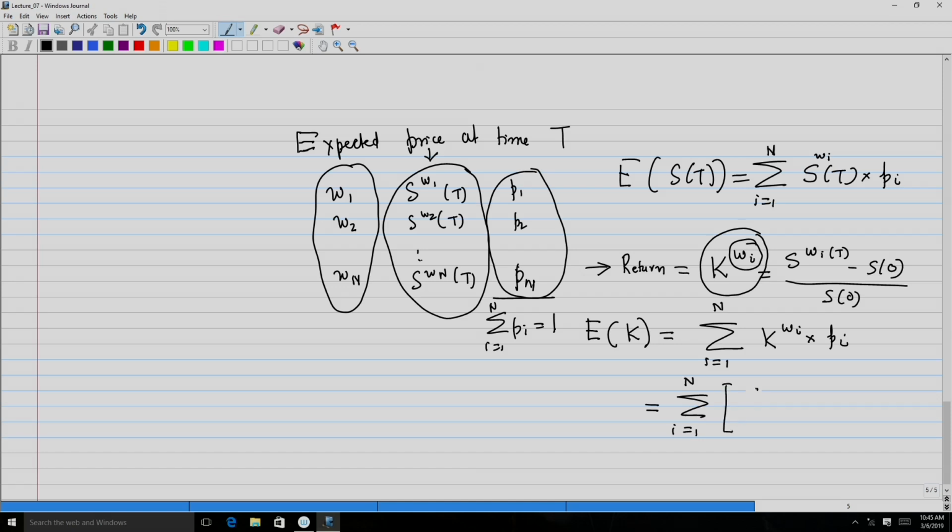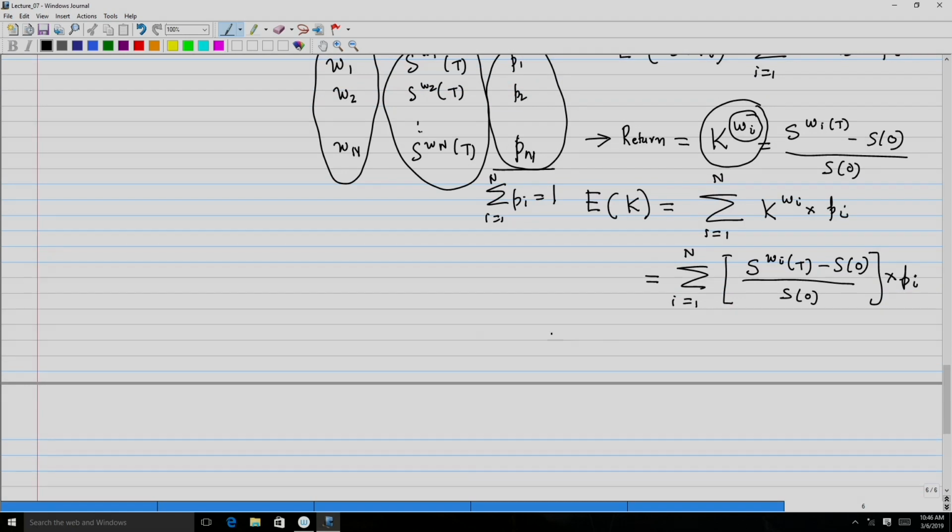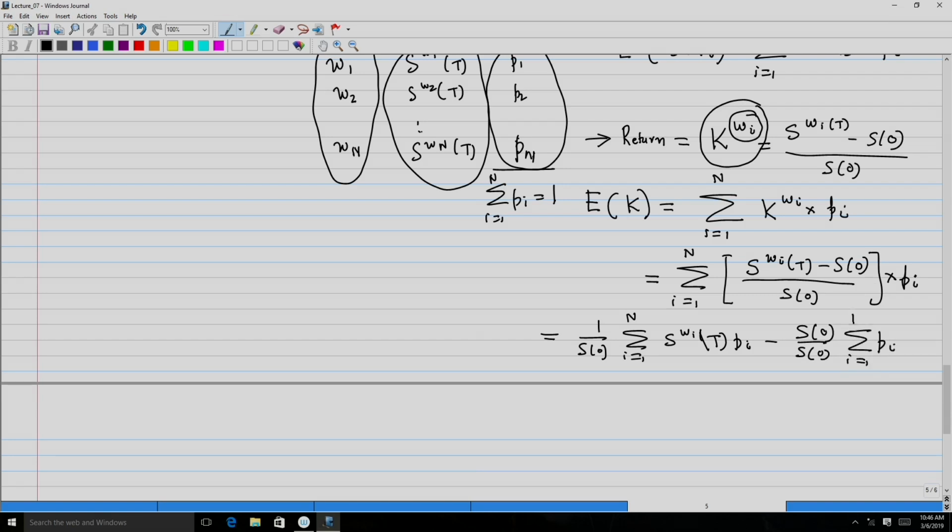We can substitute k omega i with S superscript omega i of t minus S 0 over S 0, into p i, and this can be rewritten as 1 over S 0, I separate out the term, into summation i equal to 1 to n S of omega i of t p i minus S 0 over S 0 into summation p i, i equal to 1 to n.